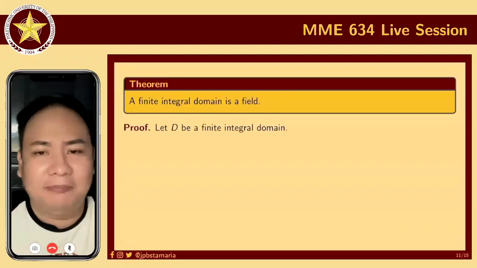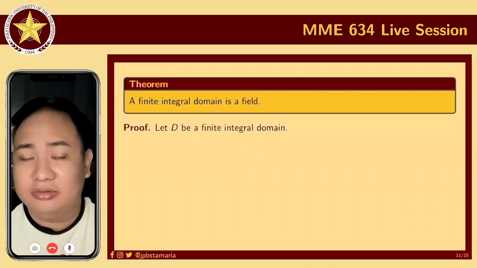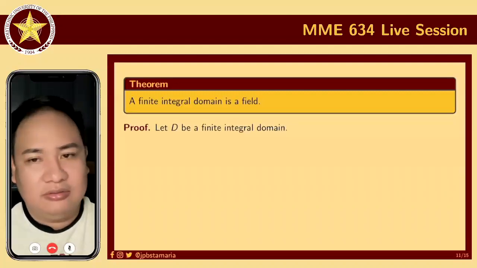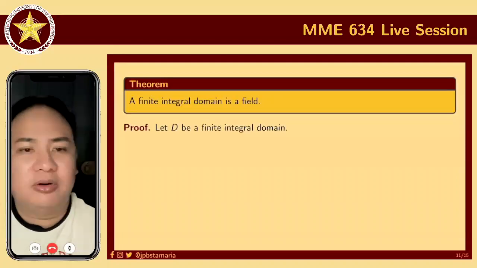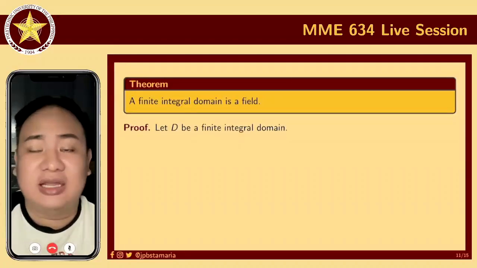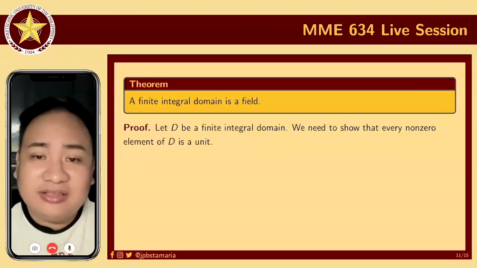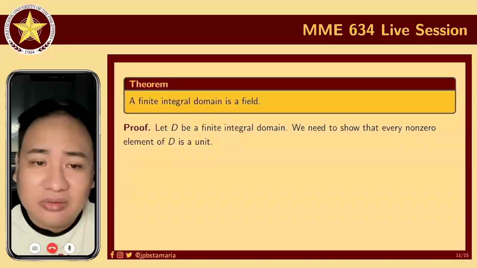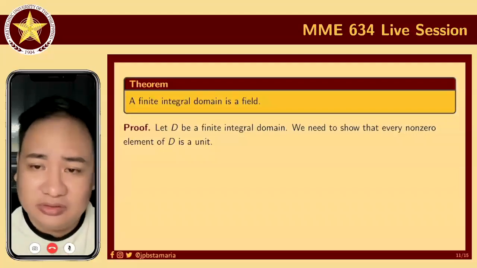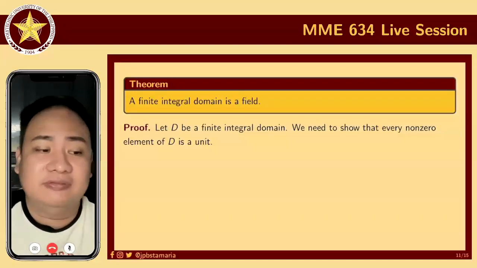So halimbawa, kunwari si D ay finite na integral domain. Okay? Integral domain, may zero product property, tas finite lang. Kunwari may n elements. Hindi natin alam kung ilan, basta finite. To prove that it is a field, what we need to show is that every non-zero element of D must be a unit, or must have multiplicative inverse.